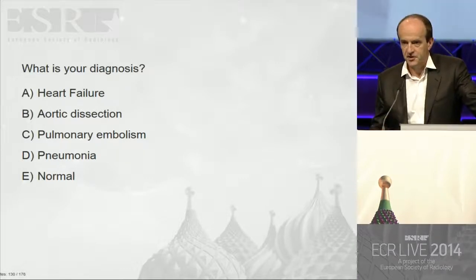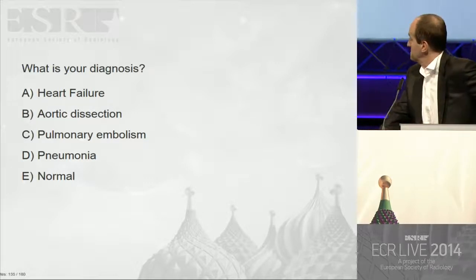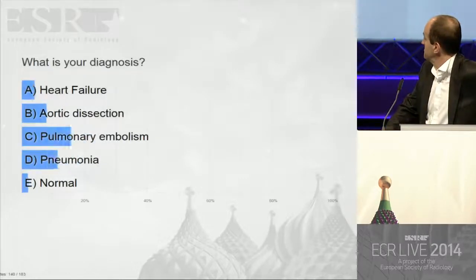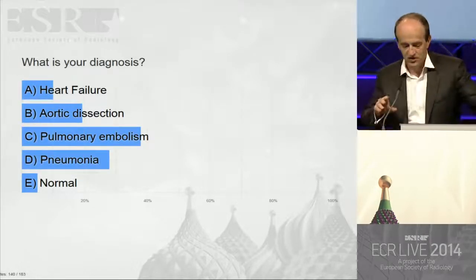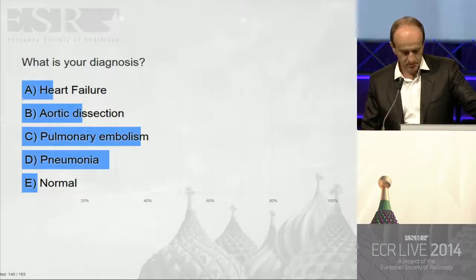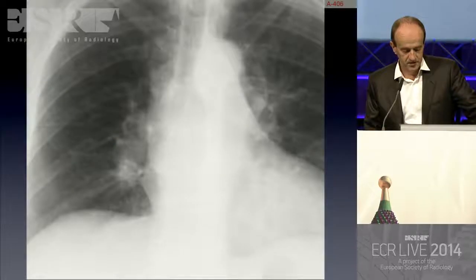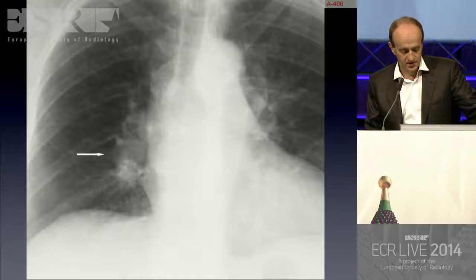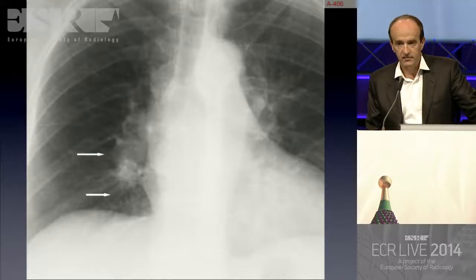There is a lot of hesitation. Okay, let's display the results. A majority of you voted for pulmonary embolism, and this is correct. What do we see? First, we see an enlargement of the right pulmonary artery. This is named the Fleischner sign. Second, we see oligemia in peripheral vessels. This is the Westermarck sign.